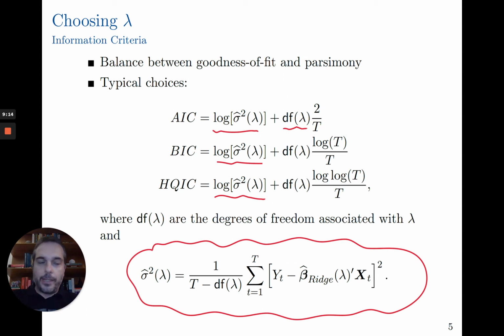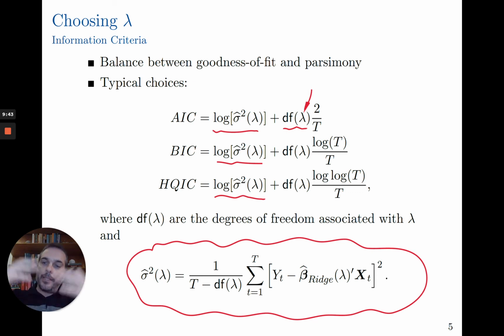And one thing that's important, as you see here, that I'm making explicit, is that the degrees of freedom depends on lambda. So different values of lambda will induce different degrees of freedom, the number of effective parameters. So the higher the lambda, the higher the penalty term in the ridge, we expect the lower the degrees of freedom.